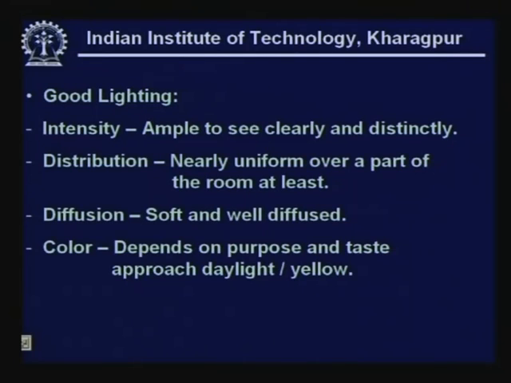Remember that there are certain applications where clear observation of color may not be necessary. When you are trying to distinguish, say, the conductors in an electrical circuit, often we use a color code which connotes that green is the earth conductor, red is the phase conductor, black is the neutral conductor, and if the illumination in the room is not able to distinguish between them in a laboratory, it is no use.